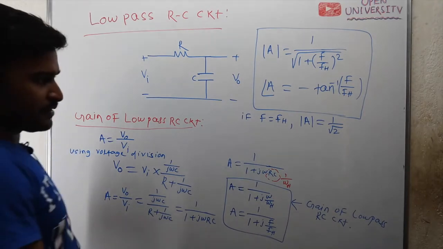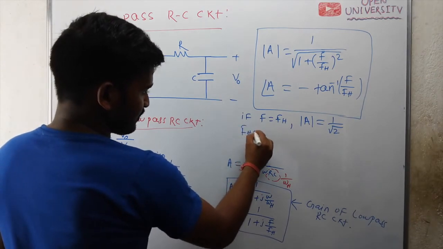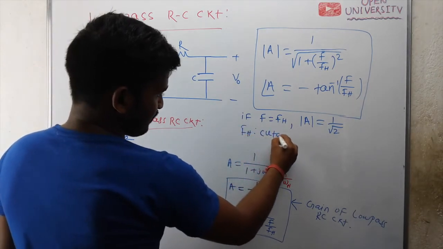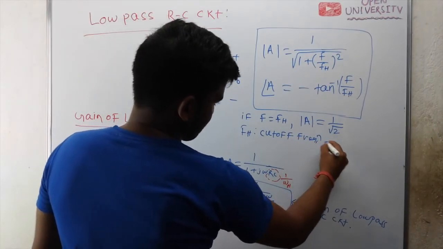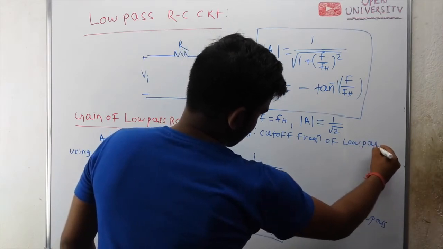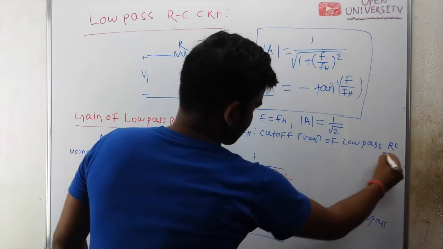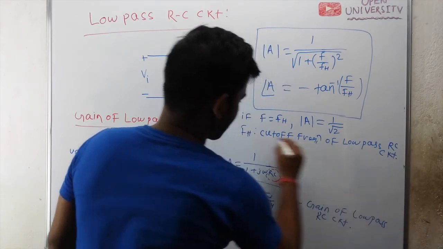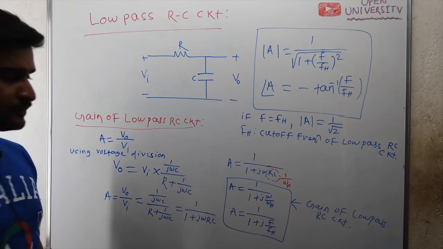This fh is called the cutoff frequency of low pass RC circuit. fh is the cutoff frequency of this low pass RC circuit.